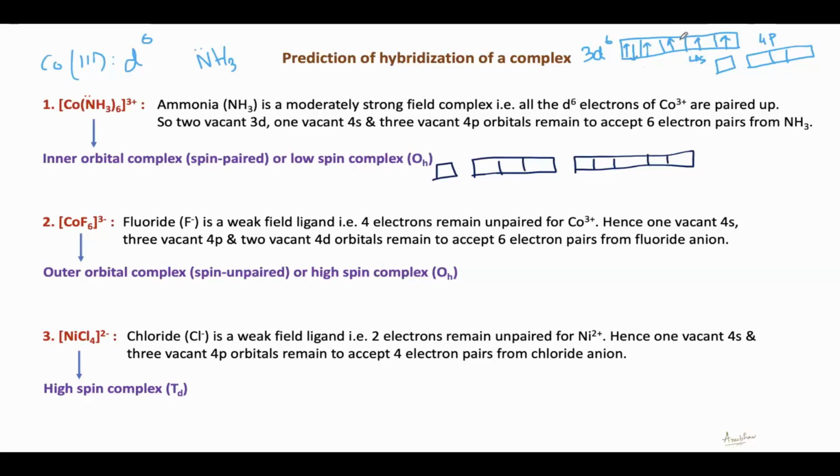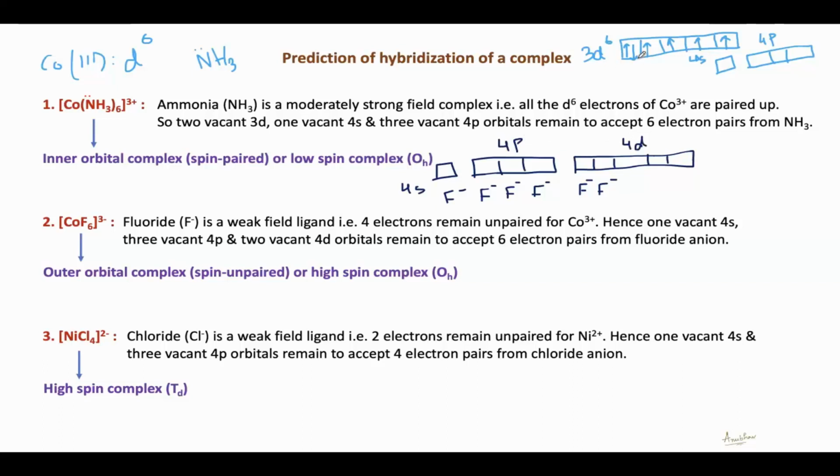It is a weak field ligand. So what happens in this case, the 6 F minus are here. All are negatively charged. So we have this 3d6 over here, and we have this 4s, we have the 3 4p, and we have this outer d orbitals, which is 4d.